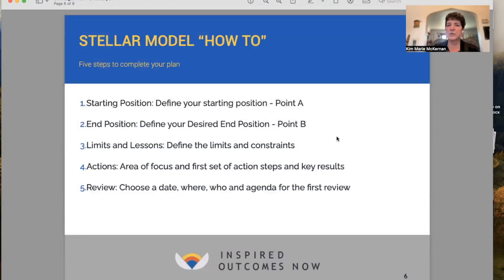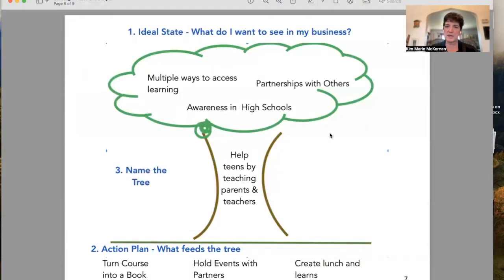So the how-to of the Stellar, we have some very easy ways to explain this so the implementation teams can easily do this on their own, and it's easy to also keep up to date. Here's a quick example that's very simple, but it was a client who does motivational interviewing currently for governmental organizations and wants to break into the school market.